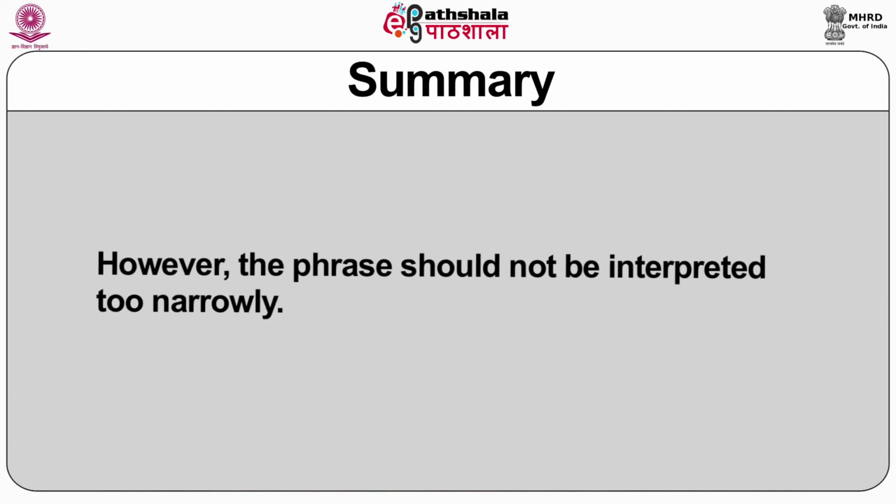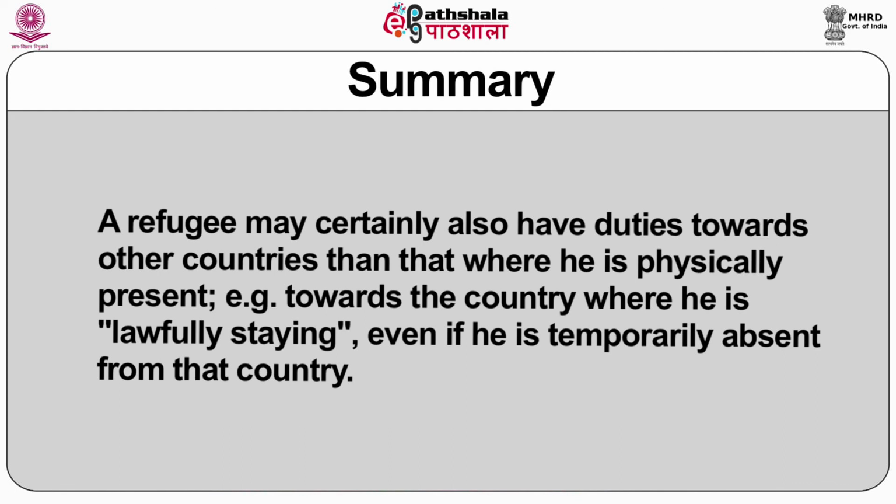However, the phrase should not be interpreted too narrowly. A refugee may certainly also have duties towards other countries than that where he is physically present. Example, towards the country where he is lawfully staying, even if he is temporarily absent from that country.